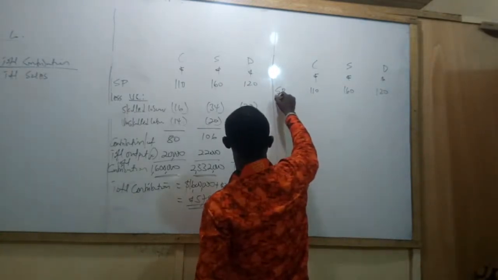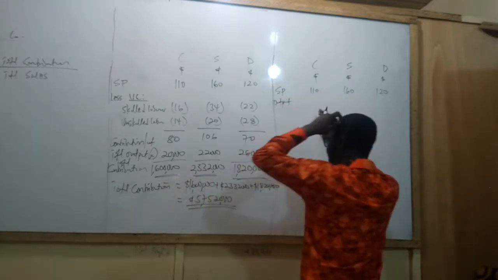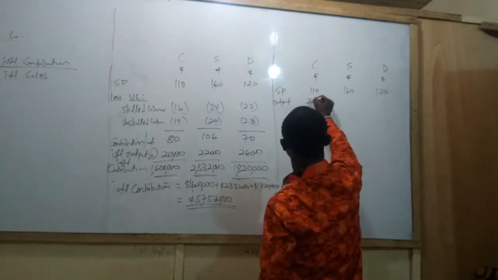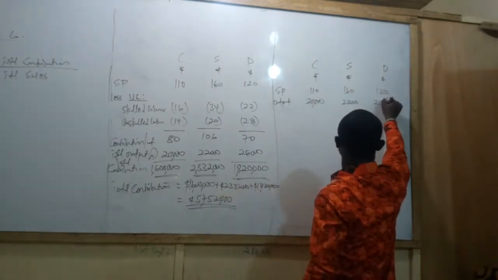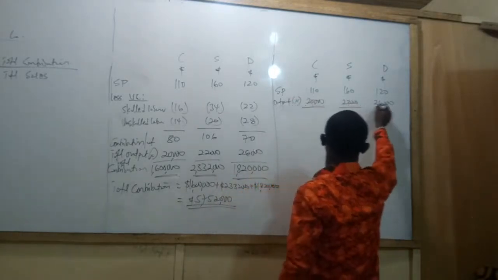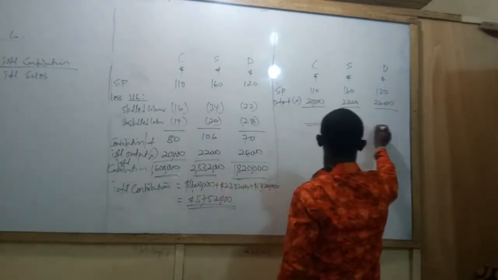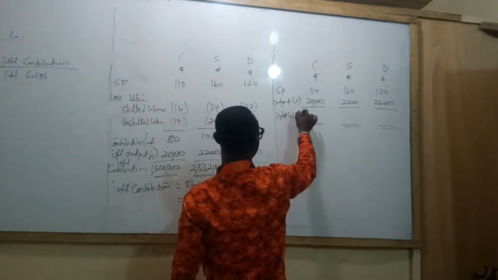Then let's bring the output: 20,000, 22,000, 26,000. We multiply, and that gives us the total revenue for each of the products, or total sales.